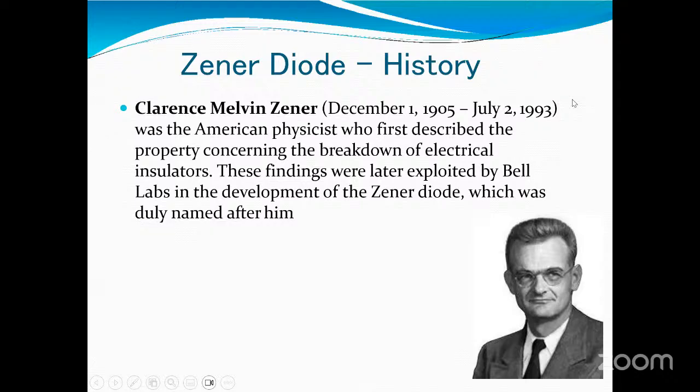Next, Zener diode history. Charles Melvin Zener was an American physicist who first described the property concerning the breakdown of electrical insulators. What is that? Breakdown of electrical insulators. These findings were later explored by Bell Labs in the development of the Zener diode, which was duly named after him.